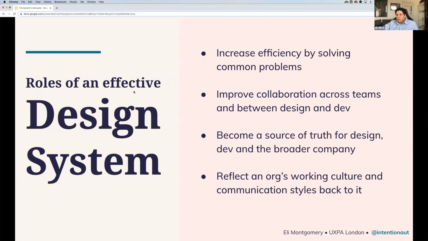So what roles should an effective design system play in a company? I would argue these are the most important things: to increase efficiency, improve collaboration, become a source of truth. And also this last one, which is so important and something I've learned in the last 2 years of working on design systems: they should reflect an organization's working culture and communication styles back to it.